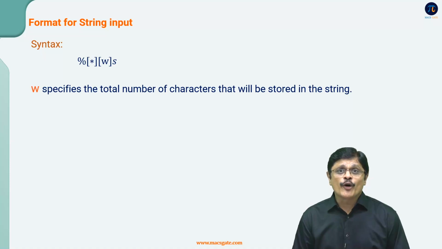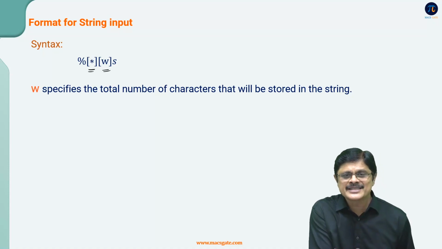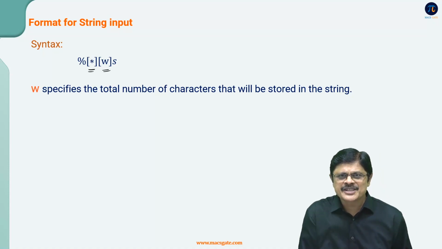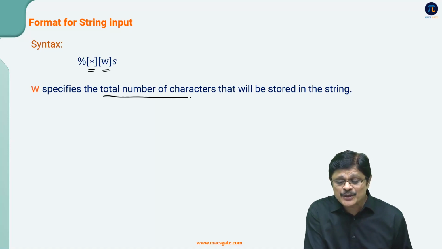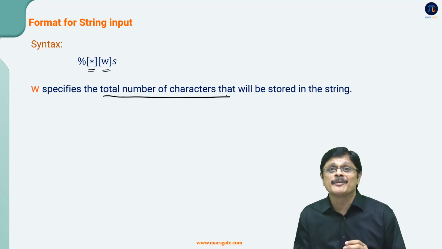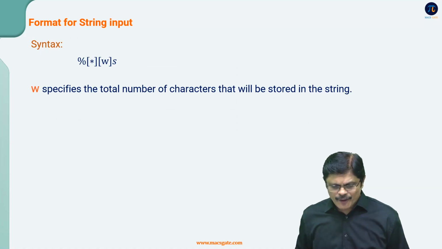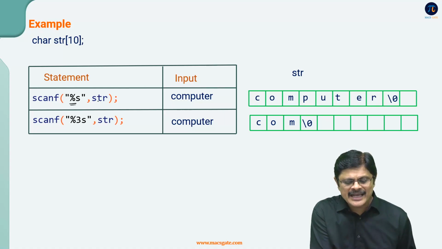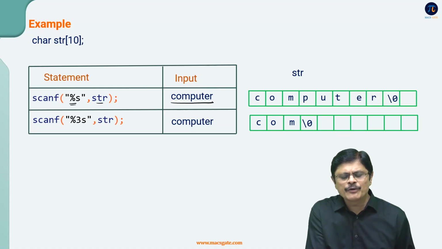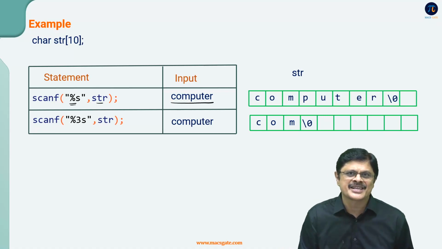Actually, we can also format the string input. So here we can have optional fields. One is star, that is the suppression field. The other one is W, which specifies the total number of characters that will be stored in the string. So if you consider the following simple example, here you are doing scanf %s str. Suppose you give the input computer, the entire word computer is stored in this particular string str.